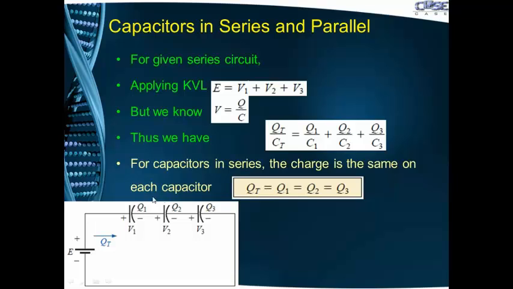Now for a given circuit, applying KVL, we can see that the applied voltage is equal to the sum of voltage drops across each capacitor.